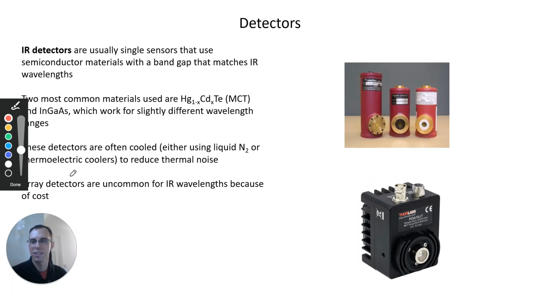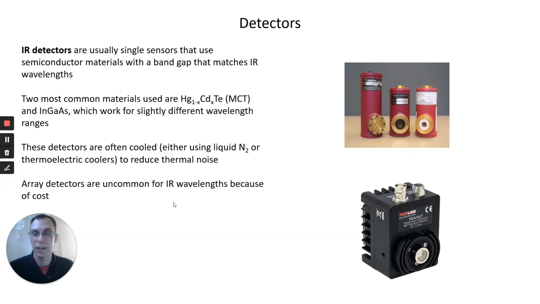So this is an evolving field, which is true for all of these sorts of detectors. The technology is constantly getting better and cheaper, which is one of the great things. And again, array detectors are not very common in the infrared because they're very expensive, but that is becoming less true as costs continue to come down on some of these types of detectors.